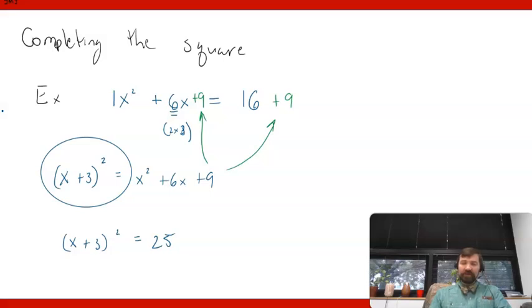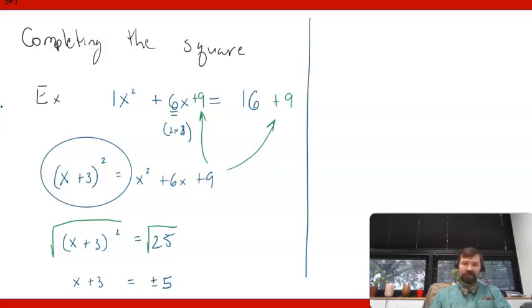Okay, and now my next step is I take the square root of both sides of the equation. And so that gives me x plus 3 is equal to, and then this side over here, the root of 25, becomes either positive or negative 5. Okay, so that means that x can either be plus 5 minus 3, or x can be minus 5 minus 3.